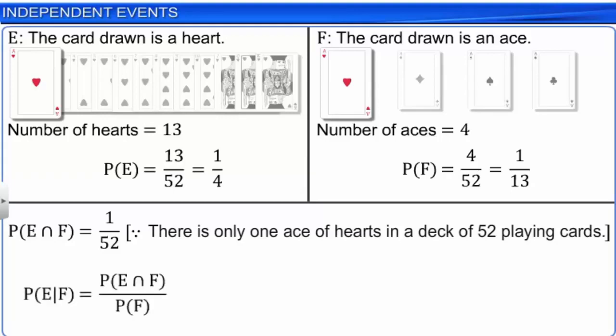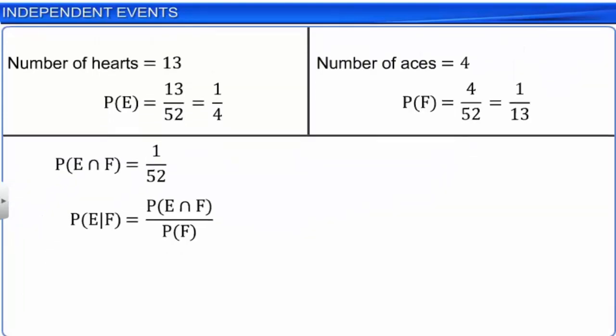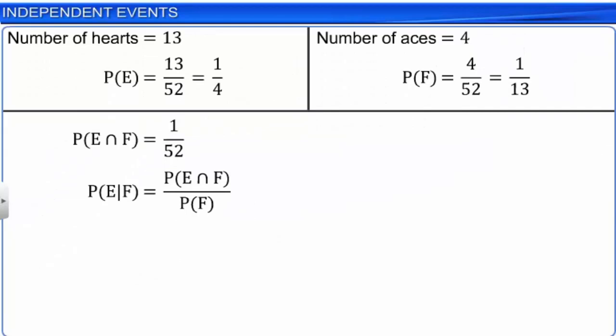The conditional probability of event E, given that event F has occurred, is equal to the probability of E intersection F divided by the probability of event F. The probability of E intersection F is 1 divided by 52, while the probability of F is 1 divided by 13.